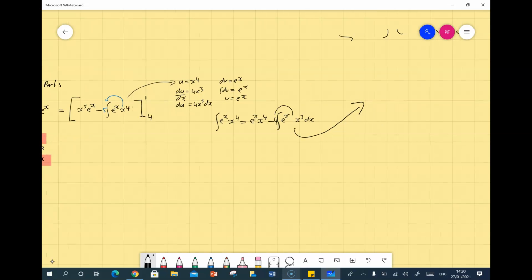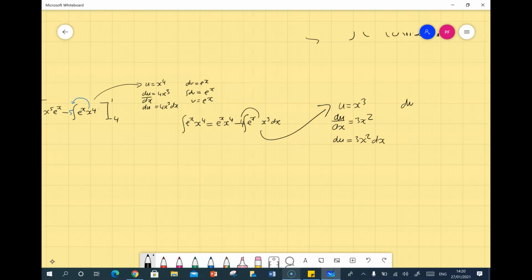So once again, I've got u equals x cubed, so du dx equals 3x squared, so du equals 3x squared dx. dv is equal to e to the power of x, the integral of dv is e to the power of x, so v is e to the power of x.